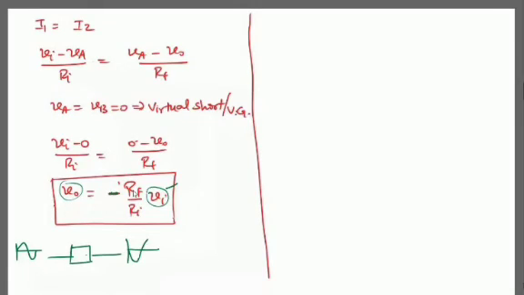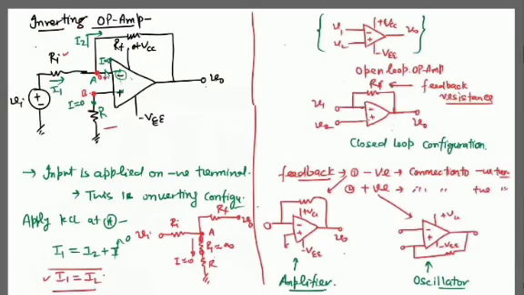So just because of the negative sign, output is of opposite polarity in inverting amplifier. That's why this is called inverting amplifier. If we are applying input at the negative terminal, then it is called inverting amplifier because the polarity of output is opposite.